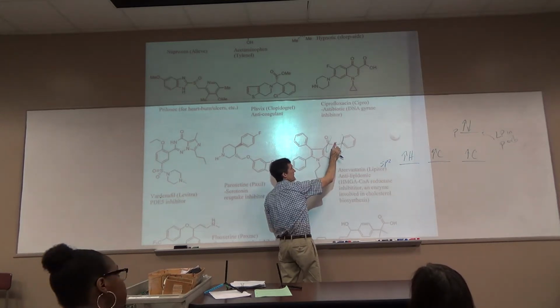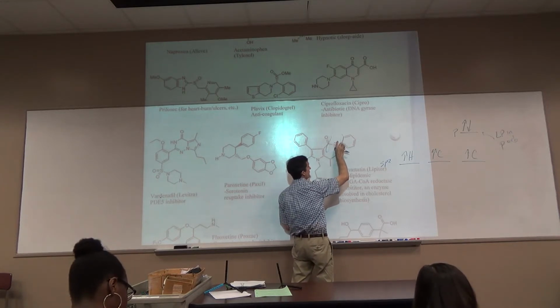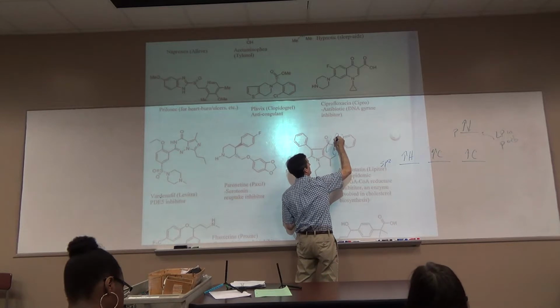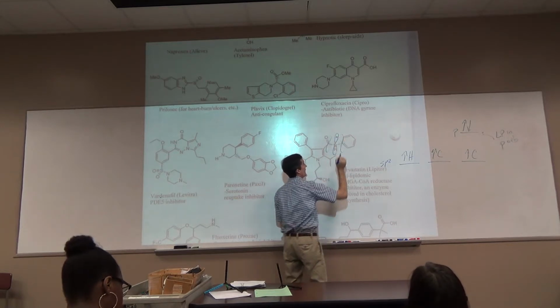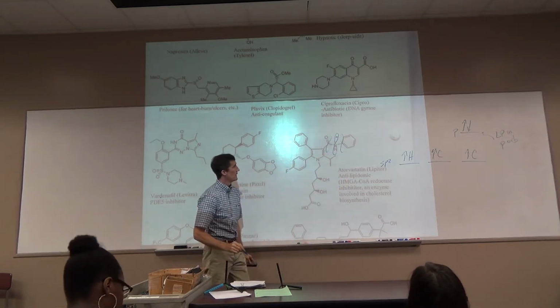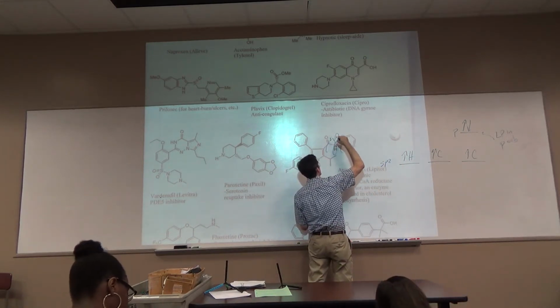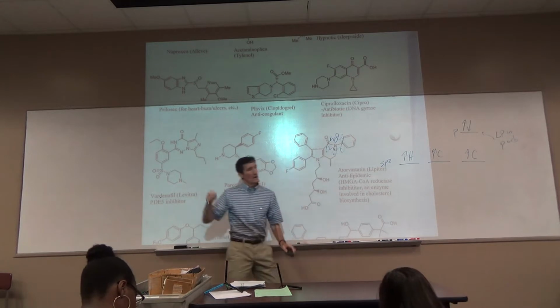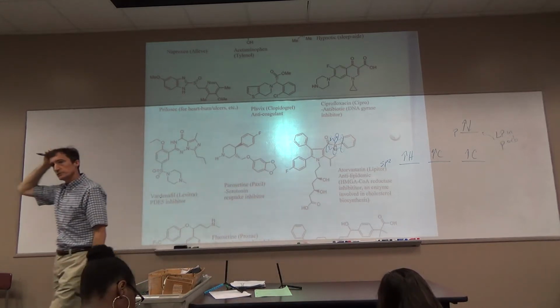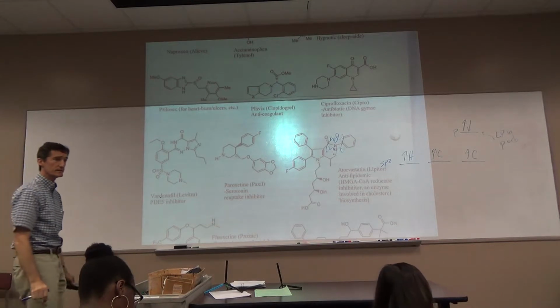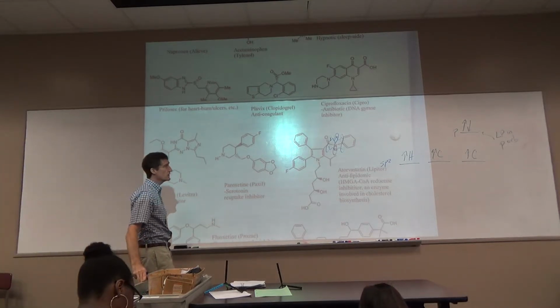But the lone pair here, it's more stable to put it in a p orbital. So we get these p orbitals that can interact. If you can line up p orbitals, the more you can line up together and get them interacting, the better it is. This is called conjugation.